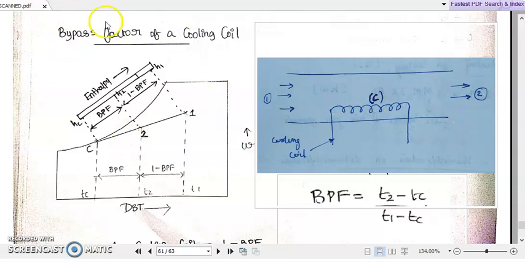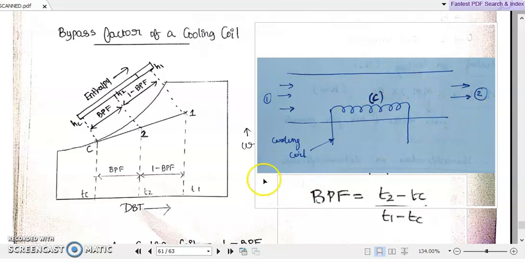From this term itself it is understood that the bypass factor represents the fraction of air molecules which were incoming at 1 but actually didn't touch the surface of the cooling coil, and instead passed through a bypass route.